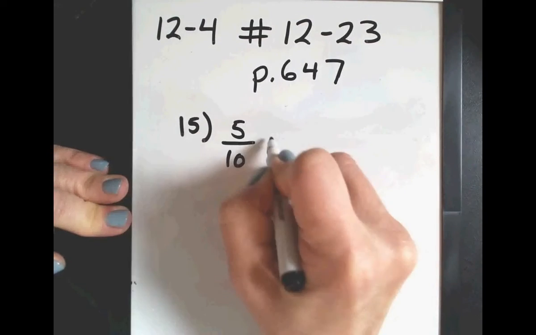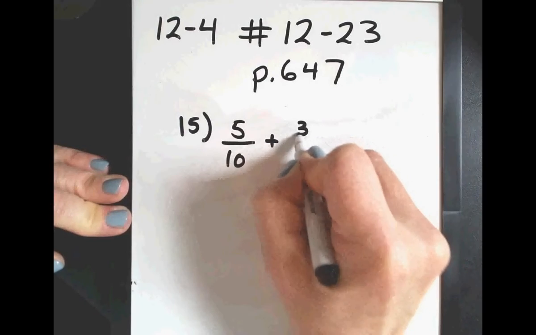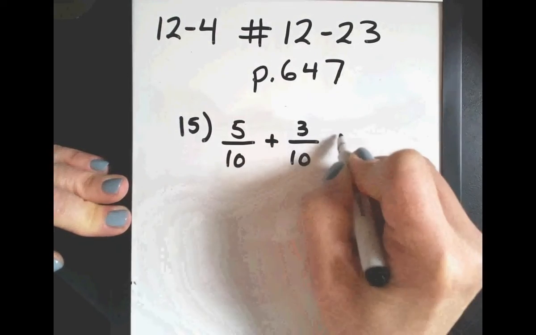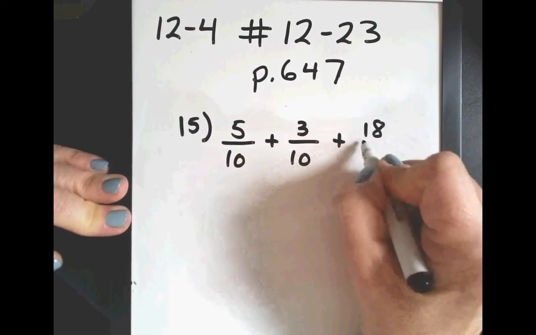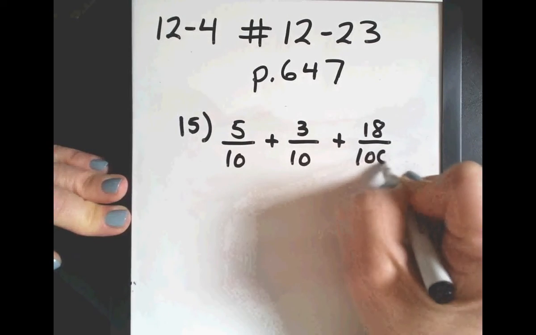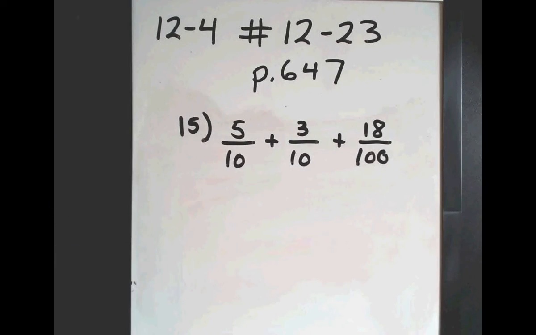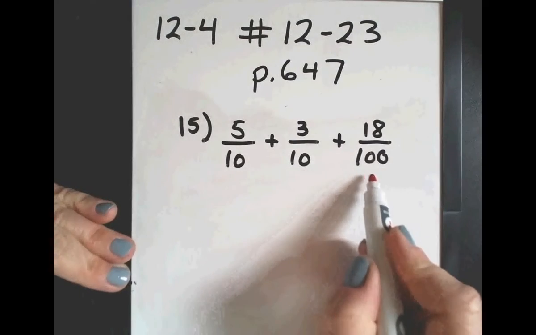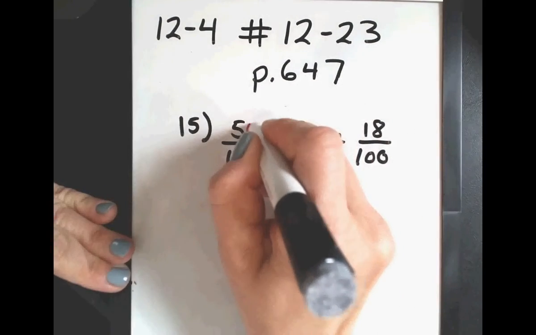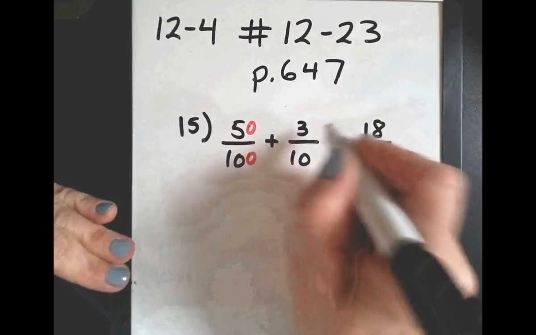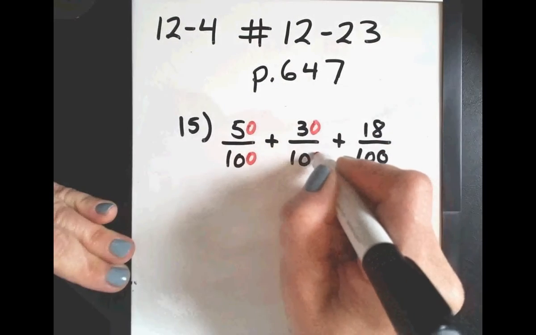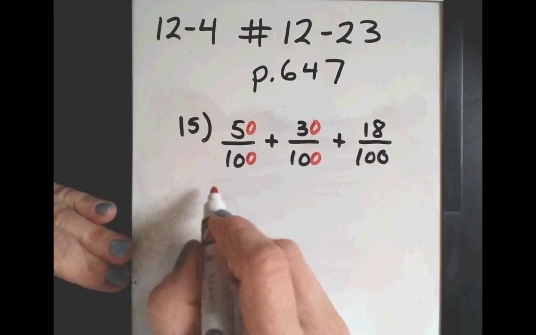We've got 5/10 plus 3/10 plus 18/100. Okay, so I need to change these first two fractions to have a denominator of 100. So I'll add a 0 to the numerator, 0 to the denominator, 0 to the numerator, 0 to the denominator.